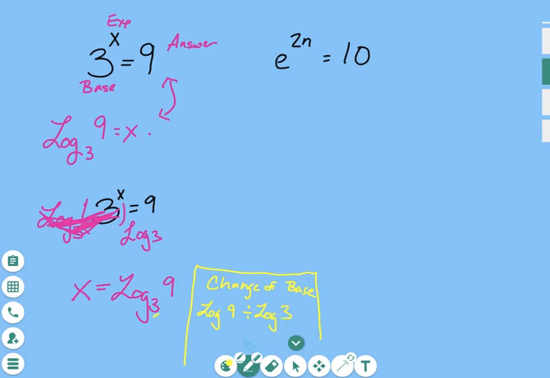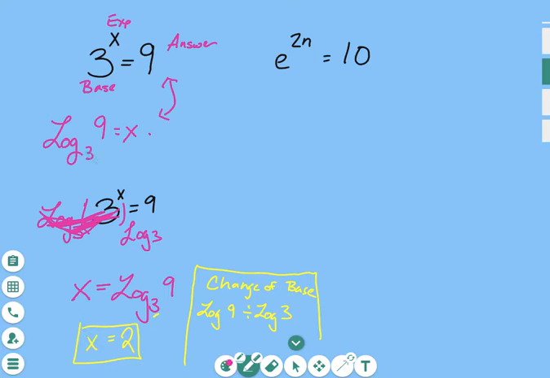Since most calculators are set up in base 10 and they can't handle having a base of something other than 10, in this case 3, the change of base rule gets us to a place where we can get the answer that we would have gotten if we were able to type this in as normal in our calculator. So log of 9 divided by log of 3 gives me an answer of 2. And then I could finish solving this problem if there was any more to do. Otherwise, that's just my answer.